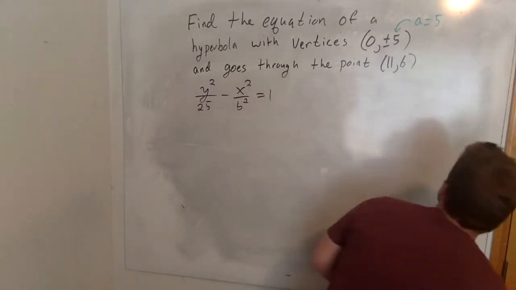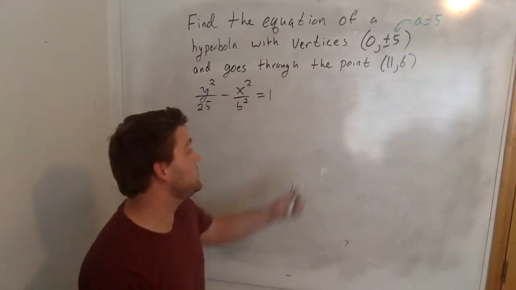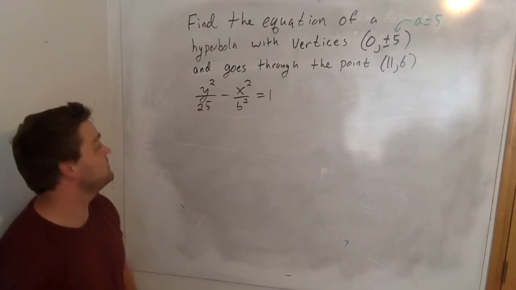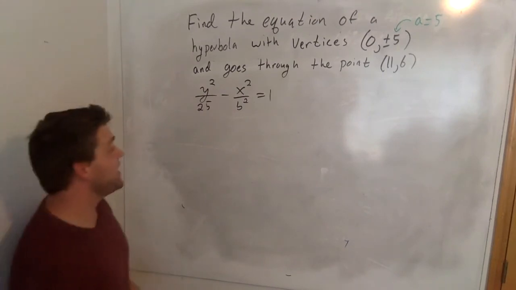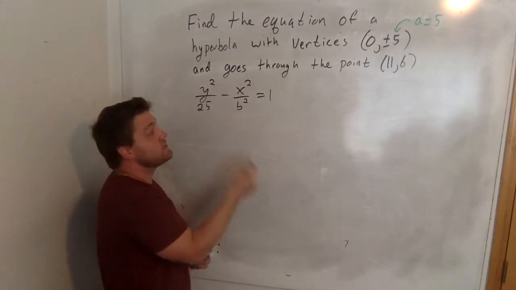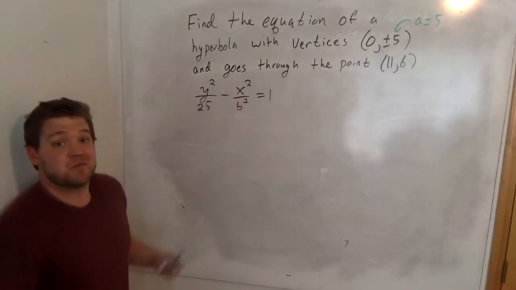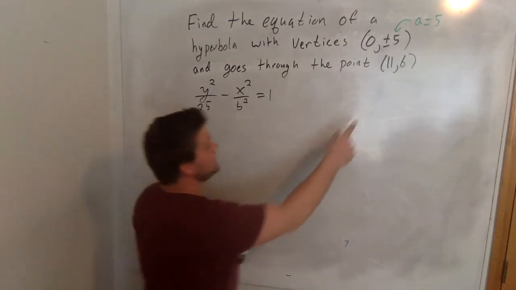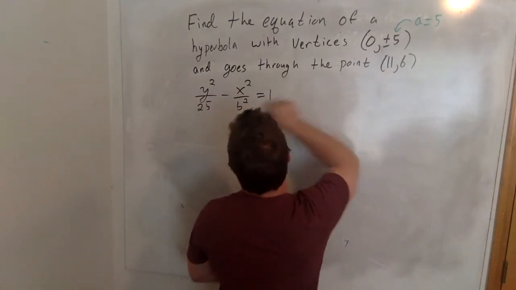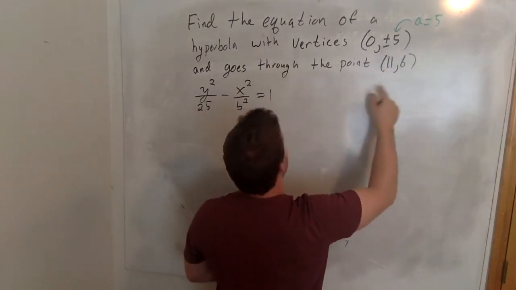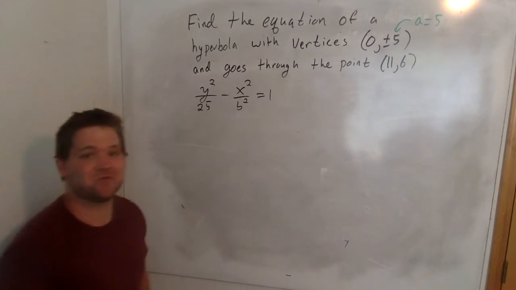Well, the only other piece of information we haven't used is that we know a point on the hyperbola. So we want to find the value of b such that this is a point on the hyperbola. Basically what we're going to do is replace x with 11 and y with 6, and solve for b.